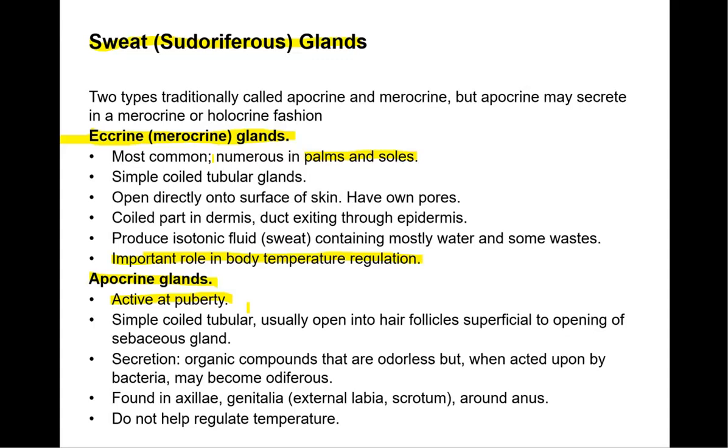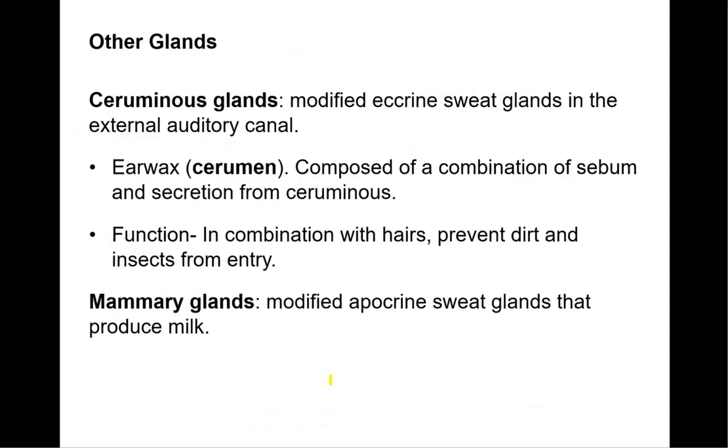And this type of sweat is the type that's found in the axilla or armpits, in the external genitalia area, around the anus. And this is the type of sweat that can have an odor due to the bacteria that feed on that sweat.